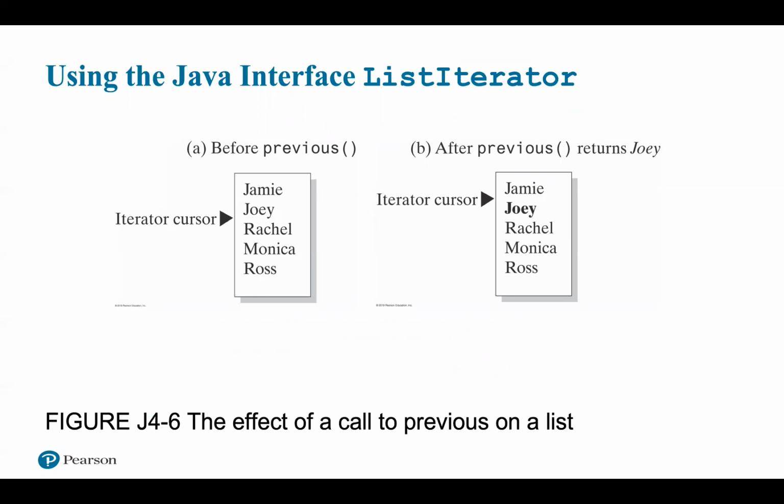As we're showing in the figure, that is the effect of previous on the list. Intermixing calls to previous and next enables you to move back and forth within the list. If you call next and then call previous, each method returns the same entry. Like next, previous throws an exception when called after it has completed its traversal of the list.